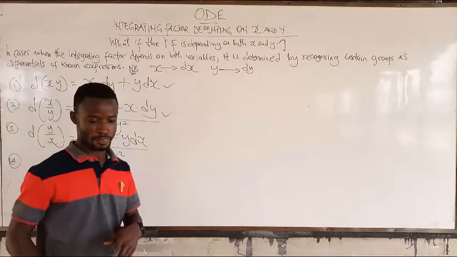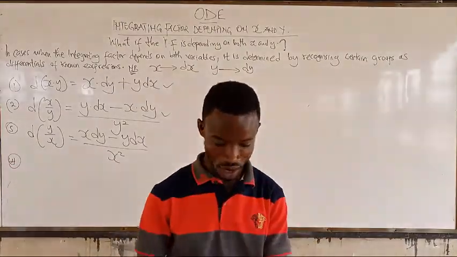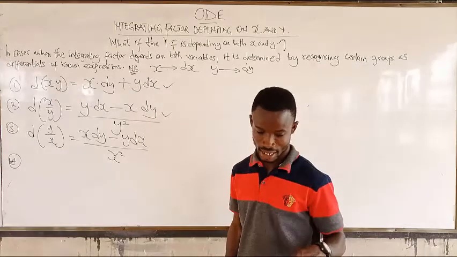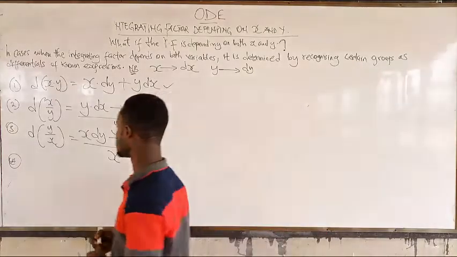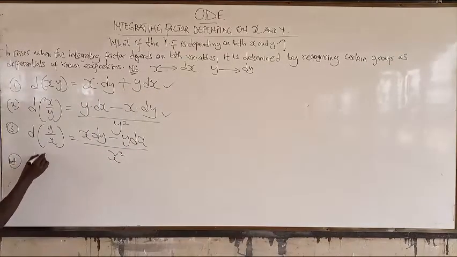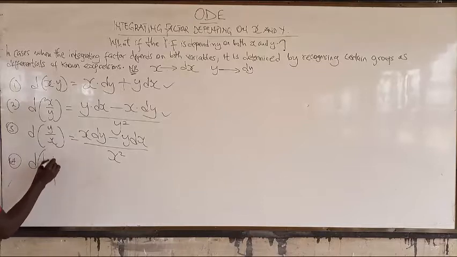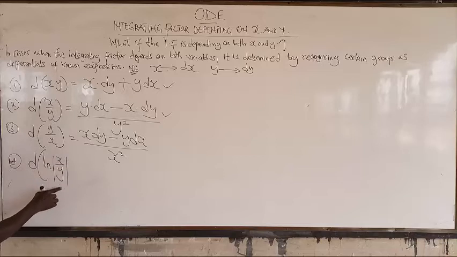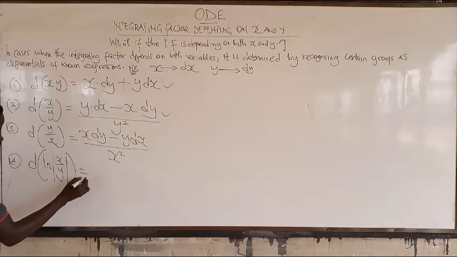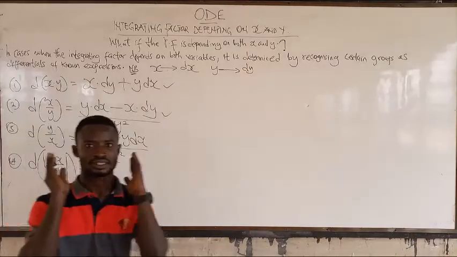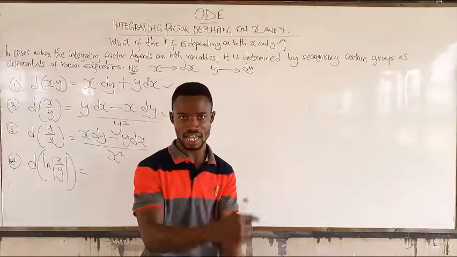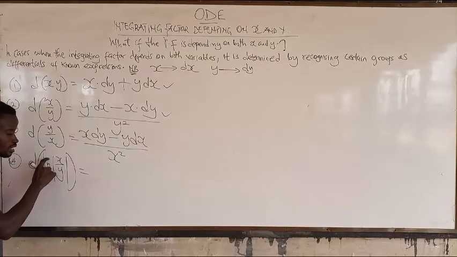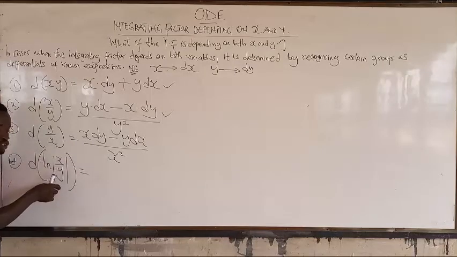Fourthly, that is when we have the ln. That is when we have the derivative of ln x over y, which is this. Wow. This is not difficult. Differentiation. Let's go. You can see that this is a function inside another function.